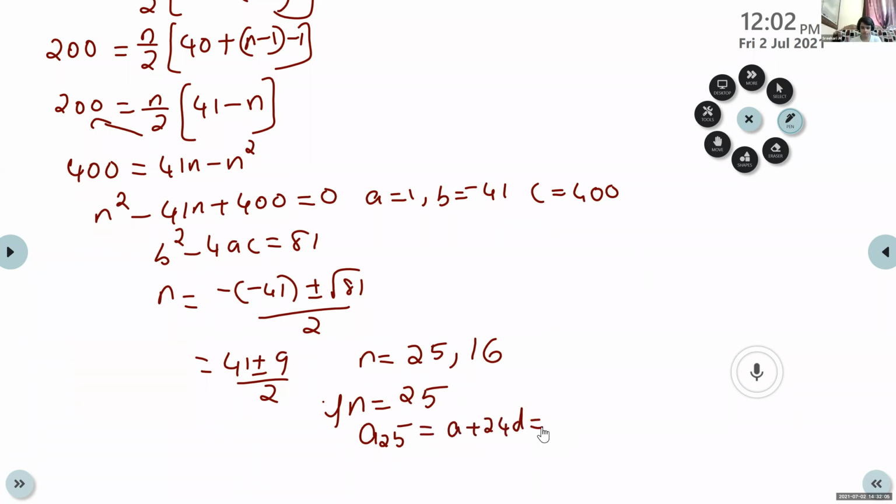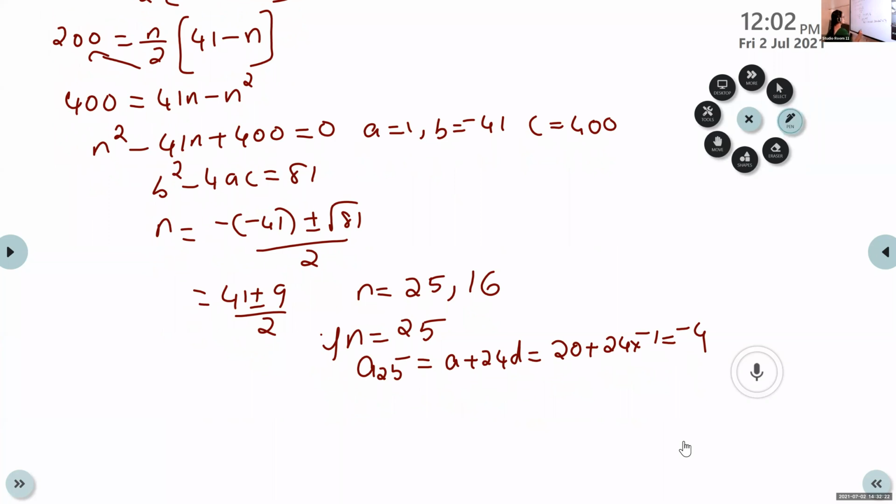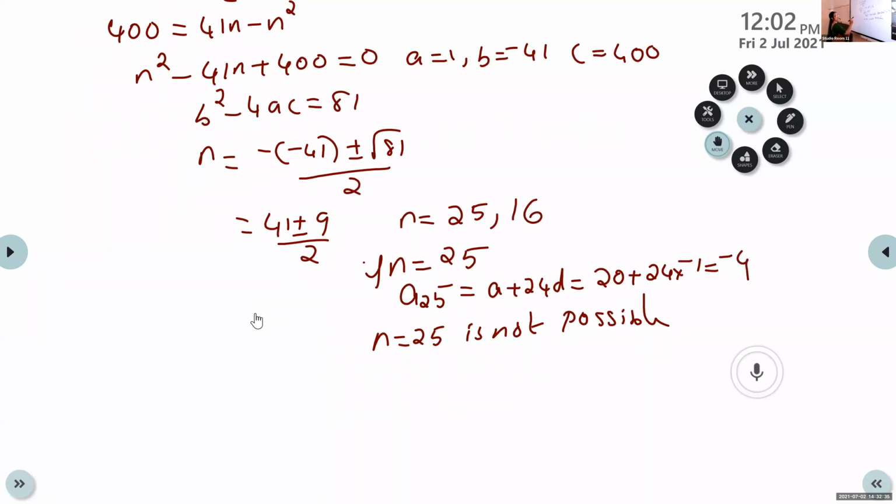A is 20, so 20 plus 24 into negative 1 becomes negative 4. There are negative 4 logs on the top, which is not possible. So n equal to 25 is not possible. So n equal to 16.